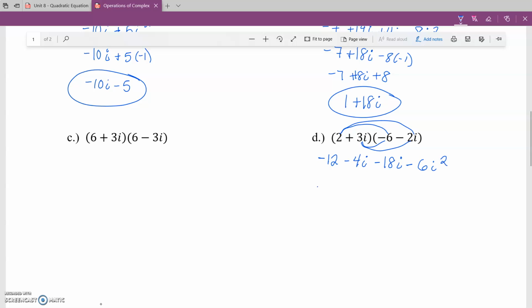Combine like terms. Substitute i squared for a negative 1. So negative 12 minus 22i plus 6. Negative 12 plus 6 is a negative 6.